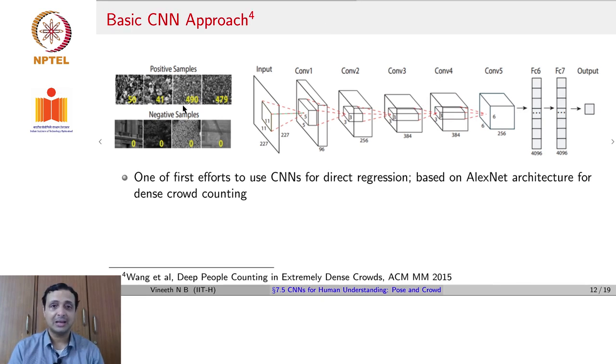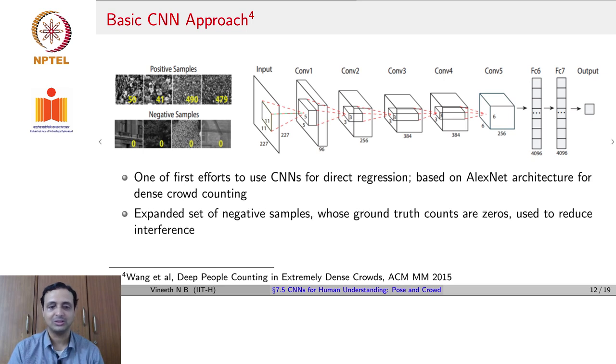Each of these training samples are fed through a CNN architecture, and the output is a count of the people in that image, which can directly be solved through regression and say L2 loss or a smooth L1 loss.